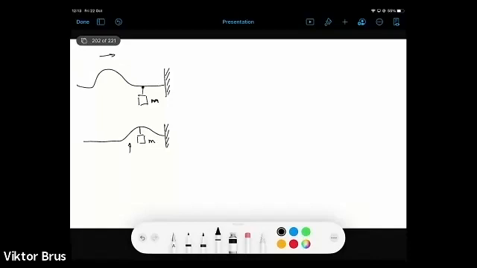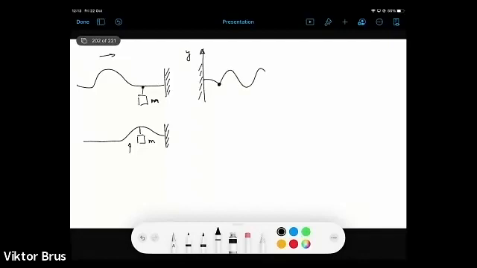So if we consider such a model, let's say we have here the y-axis and some simple harmonic oscillator attached to a string.